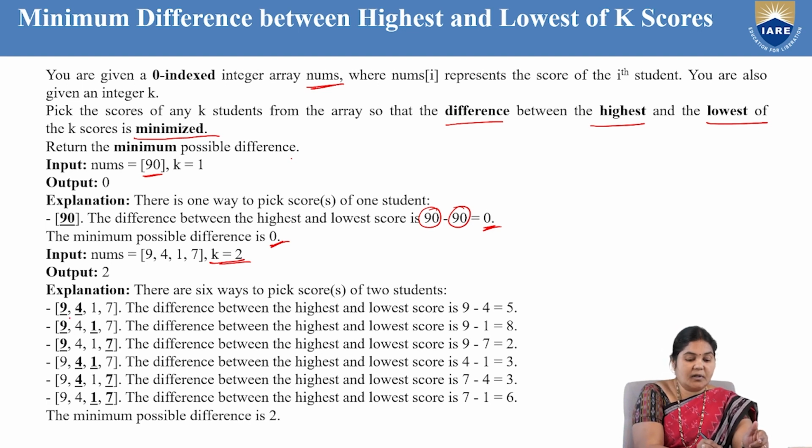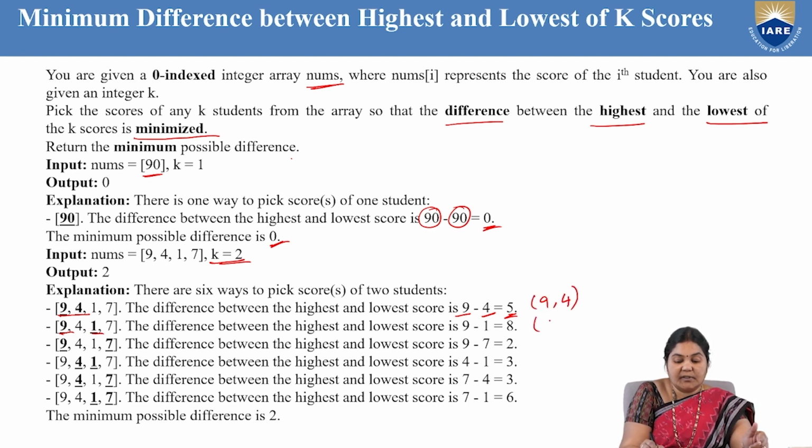Now, if I take 2 scores 9 and 4, the highest score is 9, the lowest score is 4, so the difference is 5. Second time, 9 and 1, so 9 minus 1 is 8. If I take 9 and 7, the difference is 2.